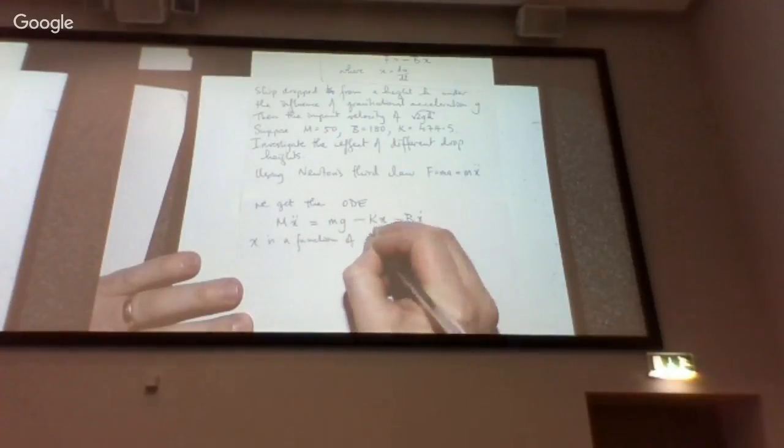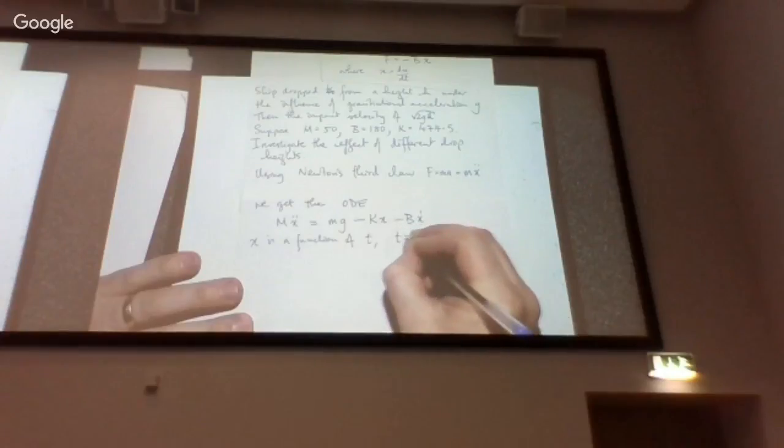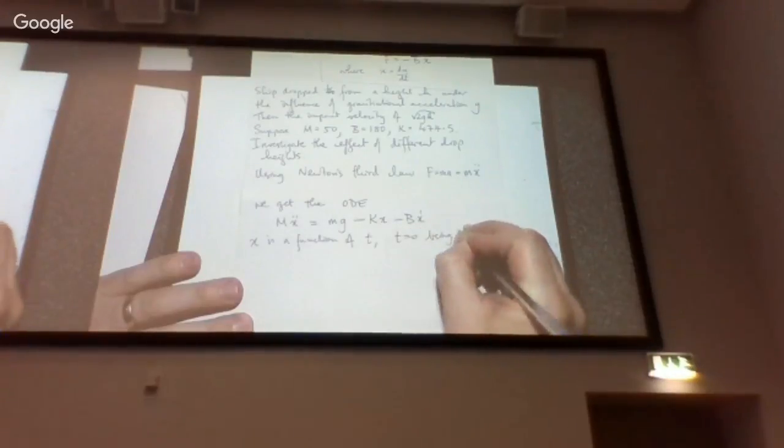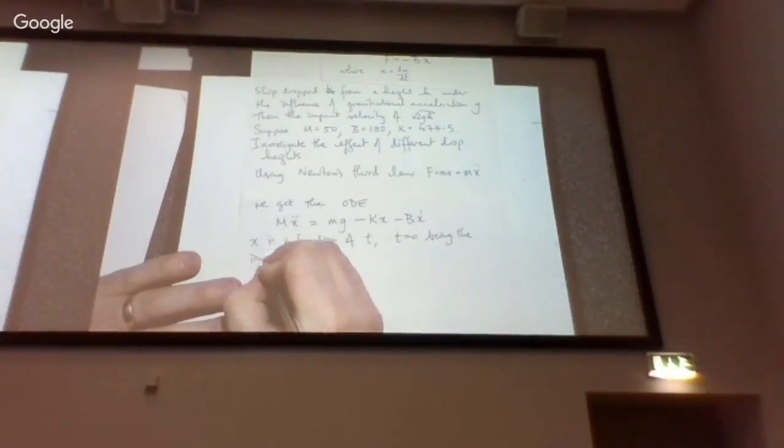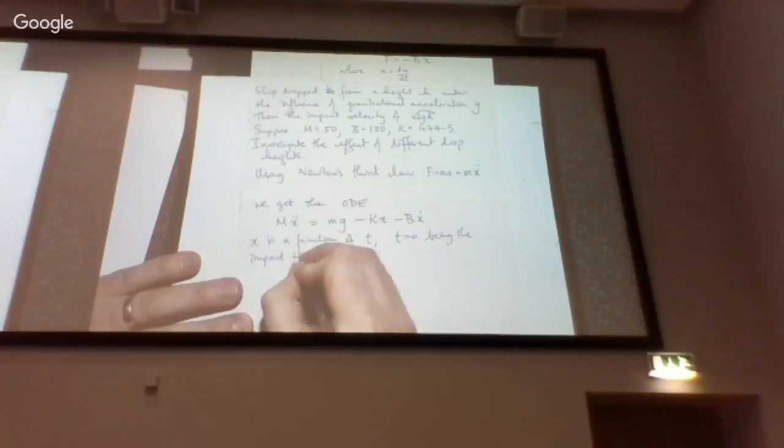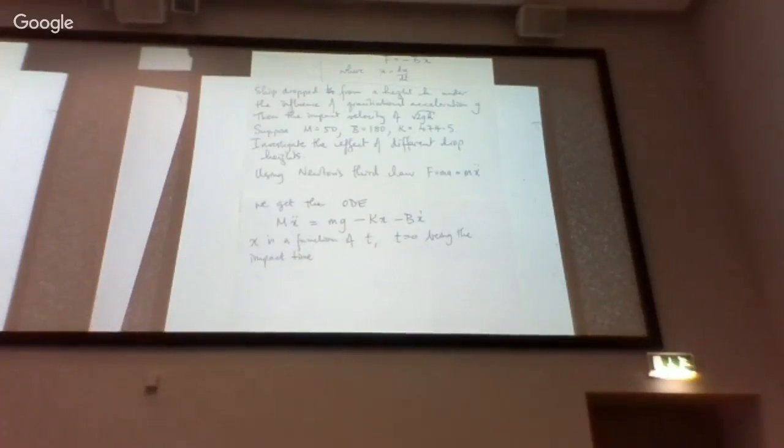So x is a function of t, with t equal to 0 being the impact time. So t equals 0 is the first instant where the wheel touches the planet. That's the first instant it makes contact with the planet. Previous to that, the whole contraption is just falling.